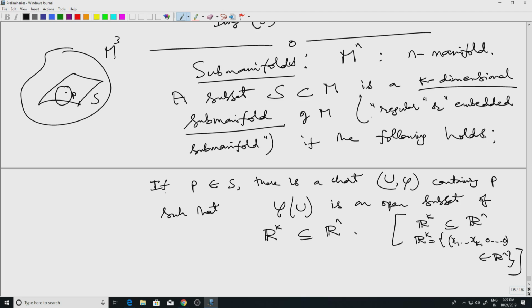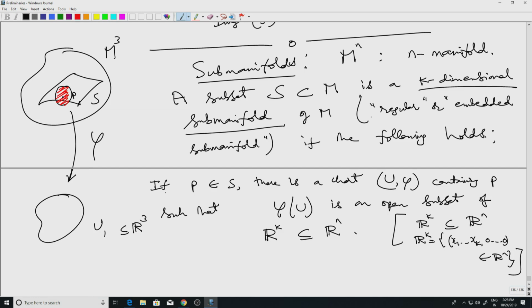This chart is obviously with reference to M, since M is all that we have to start with. So this is a chart which contains P, and here I'll draw this map phi. So this U is going to something which I've been calling U1, and this is in R3.